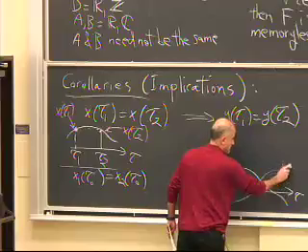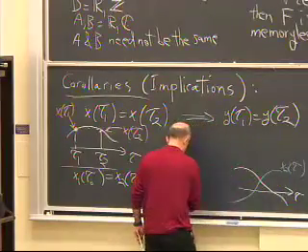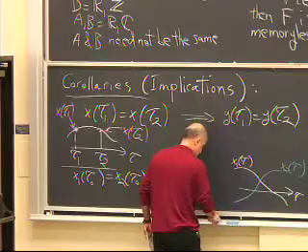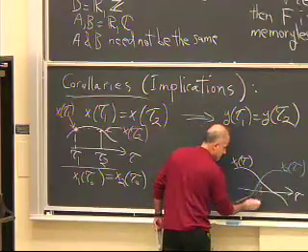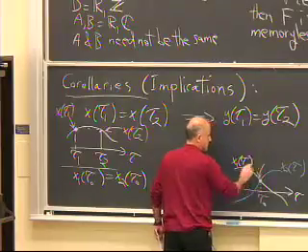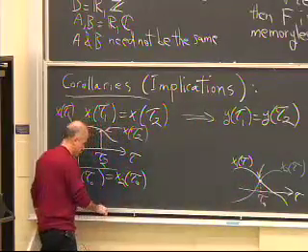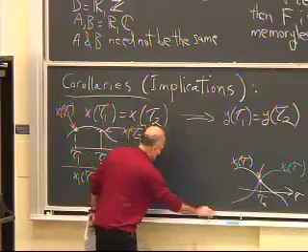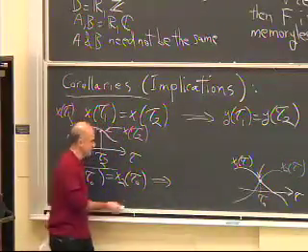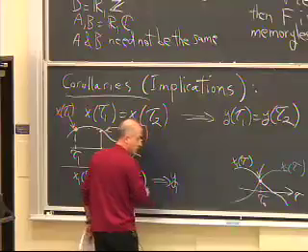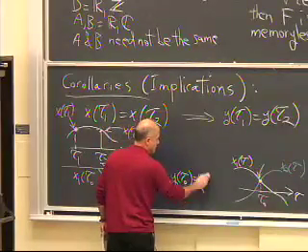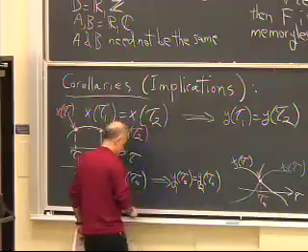So this would be x2. And this would be x1. And at tau 0, they're equal. Okay, what can you tell me about the corresponding outputs? They must be equal: y1 at tau 0 must be equal to y2 at tau 0.